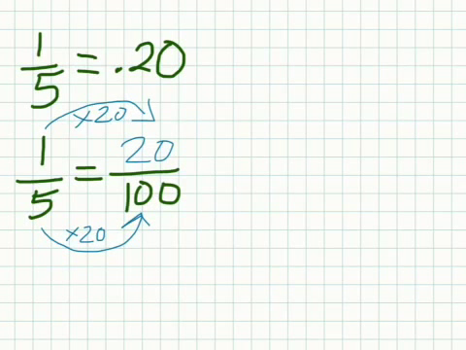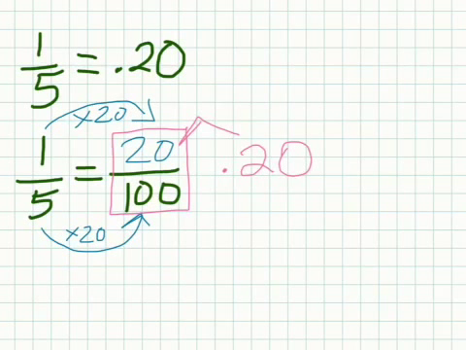Now, if we were reading like math pros, how would this fraction sound? 20 hundredths. Now, if I told you, write 20 hundredths in decimal form, how would you write it? 20 hundredths. In fraction form, right here, and in decimal form, right there.